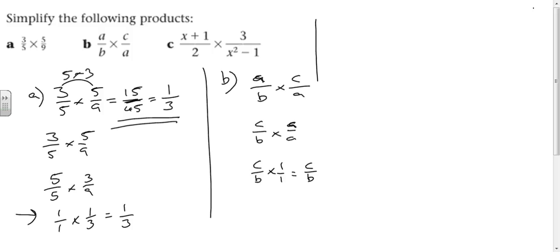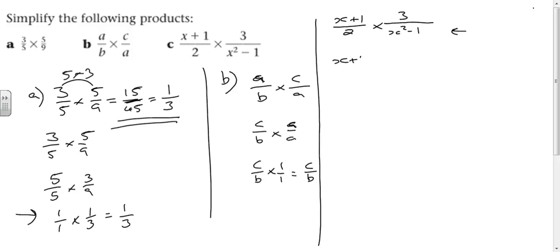Now, all that was the basics to get you towards this type of question here. So we've got x plus 1 over 2 times by 3 over x squared minus 1. Now this is the third time that this one's come up, x squared minus 1. So what we're going to do is expand that.